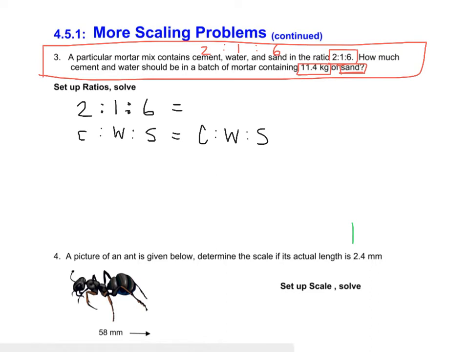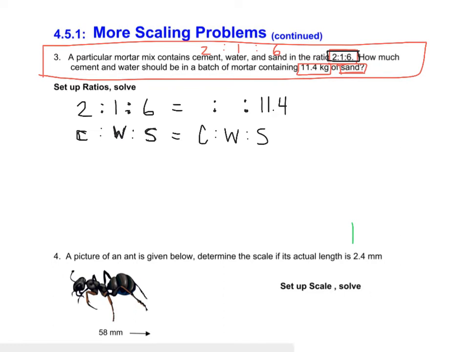So if the ratio should be 2:1:6, cement should be 2, water should be 1, sand should be 6. It's telling me on the next line how much cement and water. So we don't know how much cement and water. We're trying to figure out how much cement and water there should be in a batch of mortar that contains 11.4 of sand. So they're giving me on the other side that the sand is 11.4.